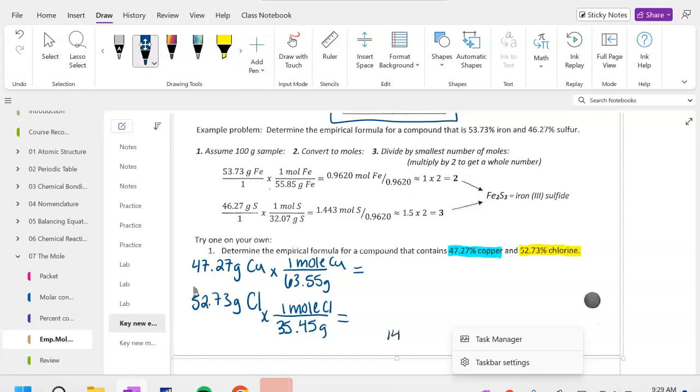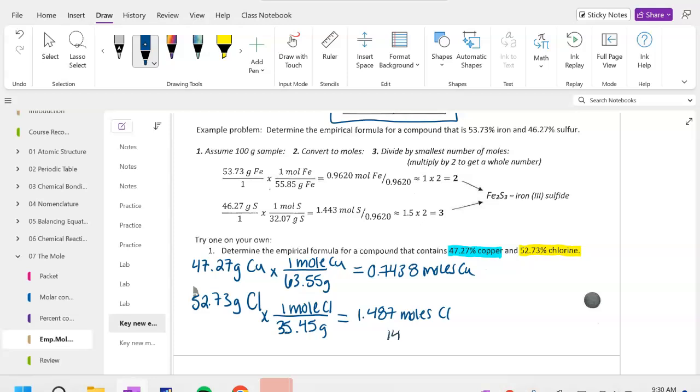So for copper, we're going to have 0.7438 moles of Cu. And for chlorine, 1.487 moles of chlorine.